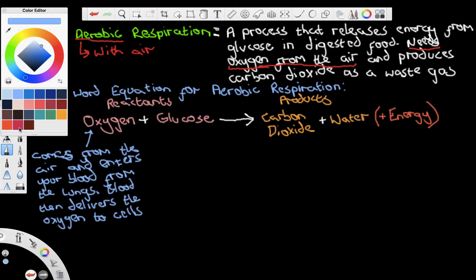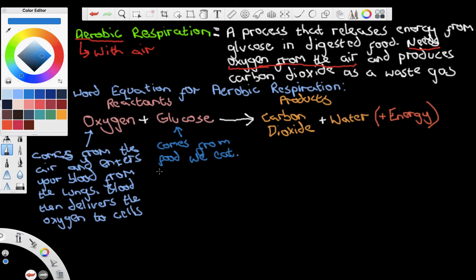At the same time, I'm going to change colour so it's easy for you to see which is which. We'll go for this darker blue. Glucose is taken from your food. So glucose comes from food we eat, full stop.